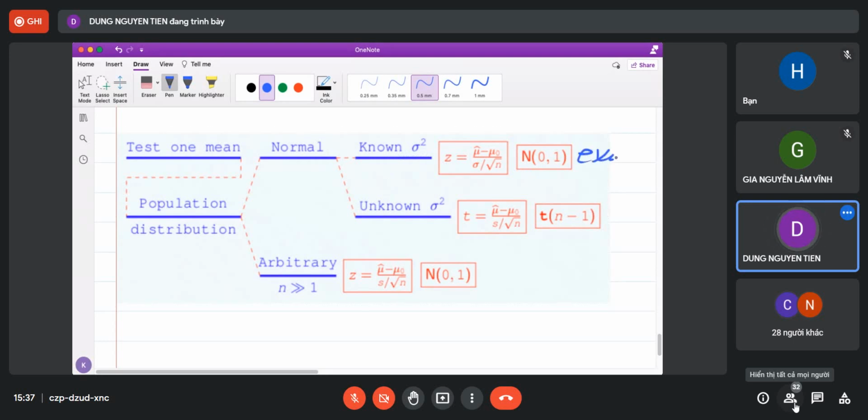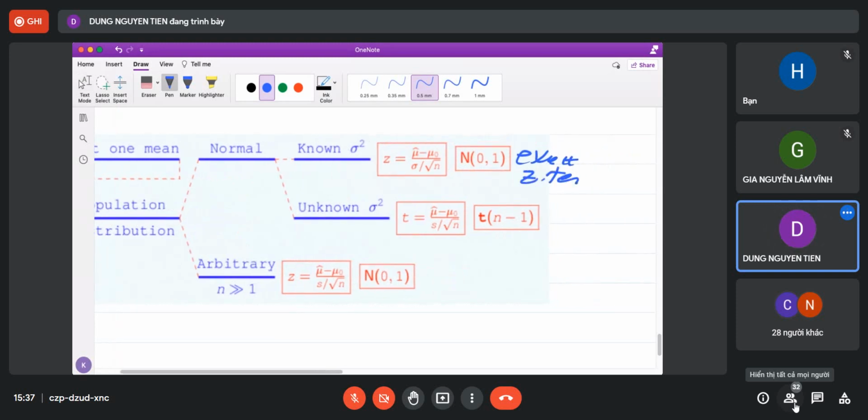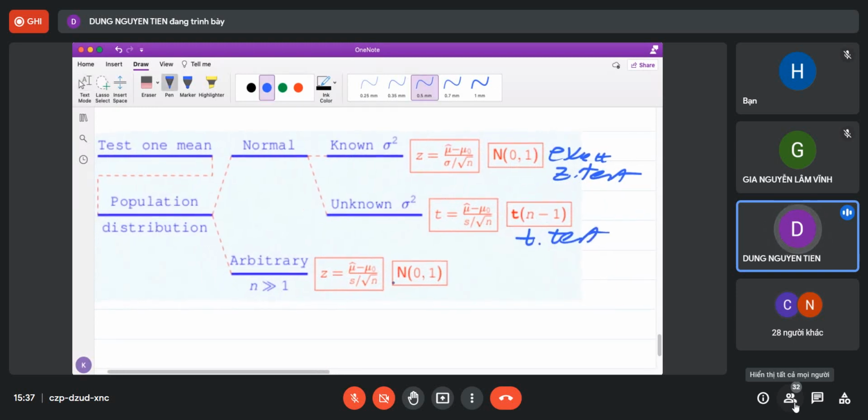This is the exact Z test. If you don't know the population variance, then it is the exact T test. If the distribution is not normal, then you need the assumption that n is large, and then you can perform an approximate Z test. Do you understand? Is it all clear? Yes, teacher. Okay.